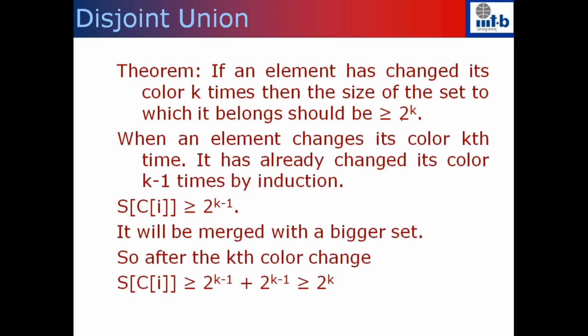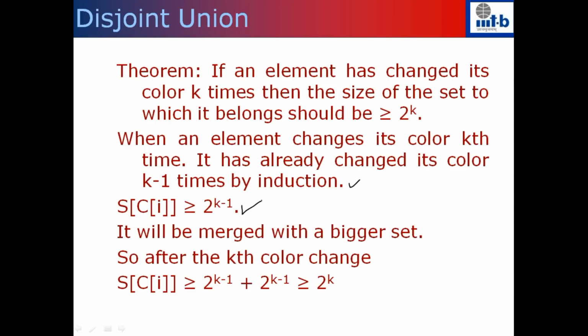Now when an element has changed its color the kth time, it has already changed its color k minus 1 times. Let's look at the kth color change. Since the element has already gone through k minus 1 color changes before the kth color change, the size of the set to which it belongs should be at least 2 to the power k minus 1 by induction.